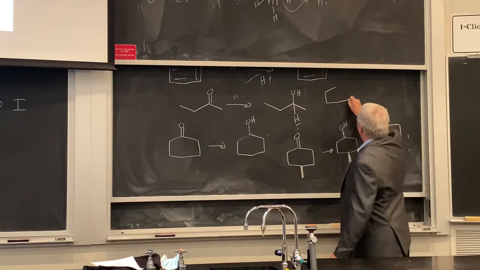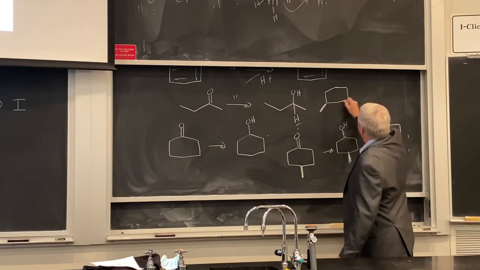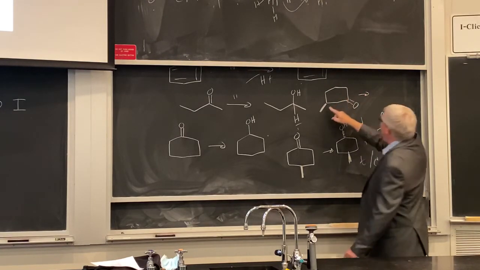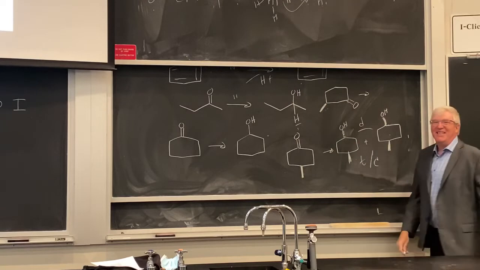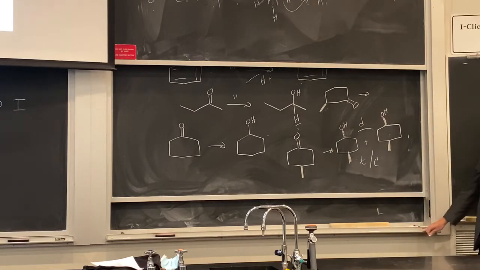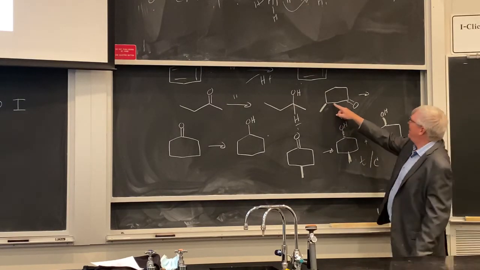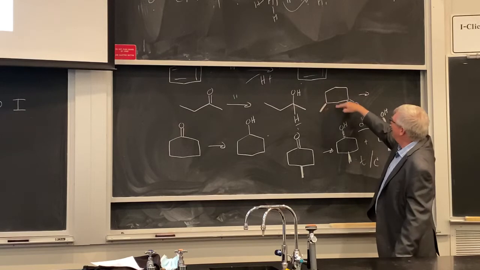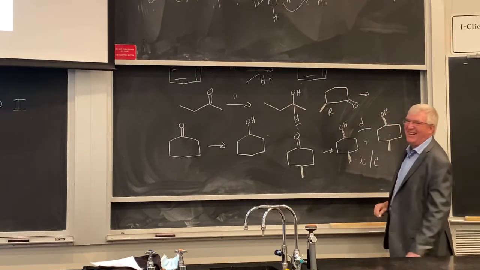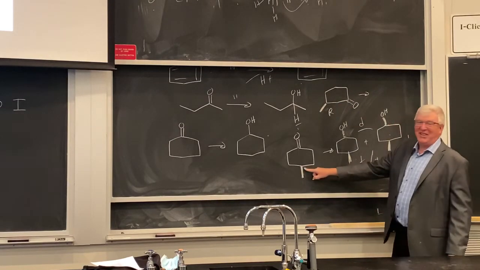How about this one? Now this one's a little bit different. I just moved the methyl over to the 2 position now. Now, this is actually chiral, okay? What's the stereocenter here? Let's see if I can do that real quick. I think that is R, okay? This is not a stereocenter, right?